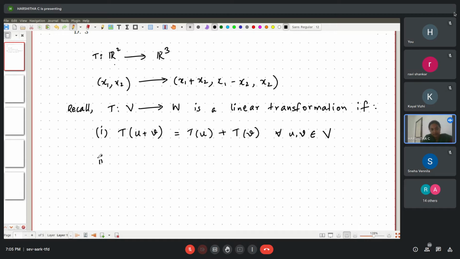And second thing is, when you multiply with a scalar, the scalar comes out. So it becomes alpha times T of u.